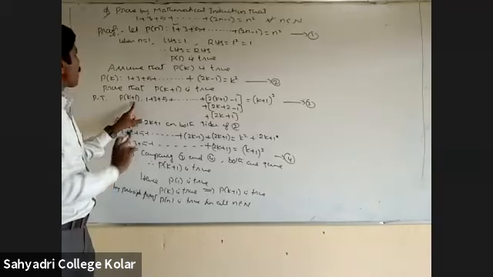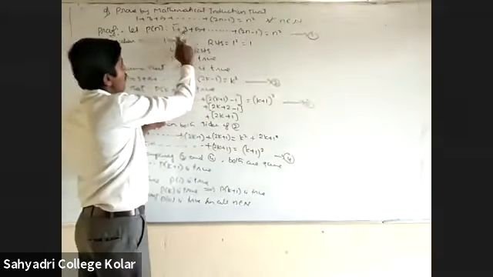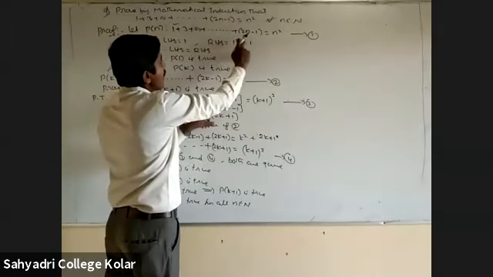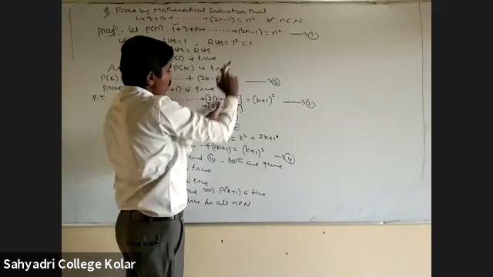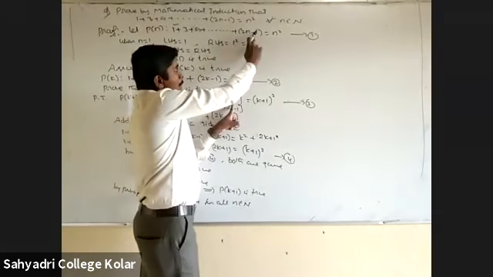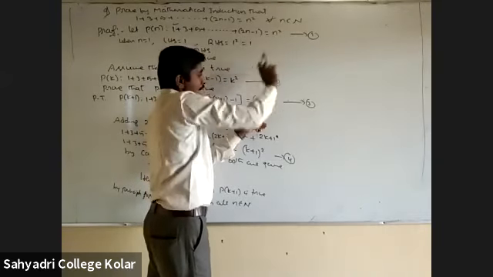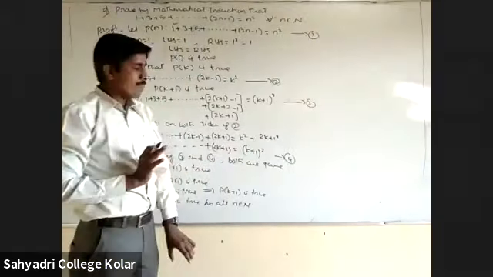That is, P of k plus 1, substituting n is equal to k plus 1: 1 plus 3 plus 5 plus so on plus 2 into (k plus 1) minus 1 is equal to (k plus 1) square, called as equation 3.